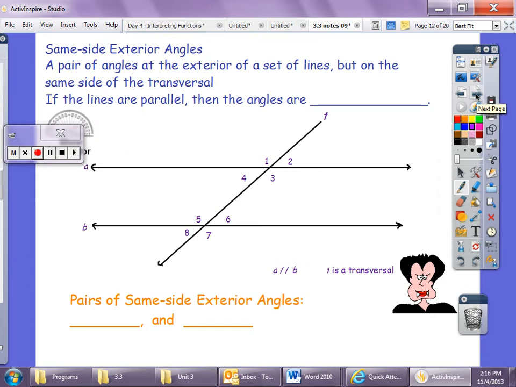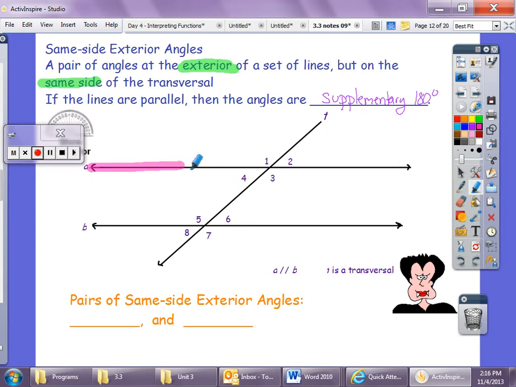A pair of angles on the exterior, on the outside of a set of lines, but on the same side of the transversal. If the lines are parallel, the angles are supplementary, 180 degrees.